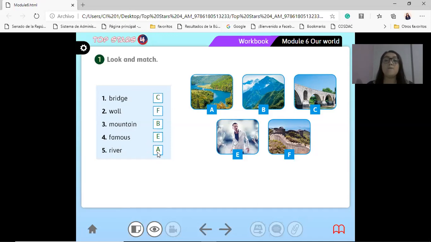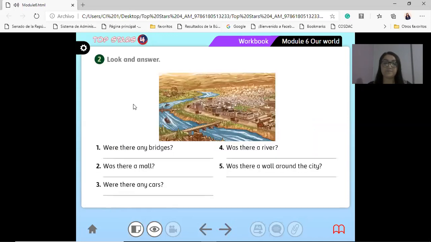Number 1, bridge. Repeat after me, repitan después de mí, chicos. Number 1, bridge. Number 2, wall. Number 3, mountain. Number 4, famous. And number 5, river. Okay? Write your answers and then let's check the next exercise.